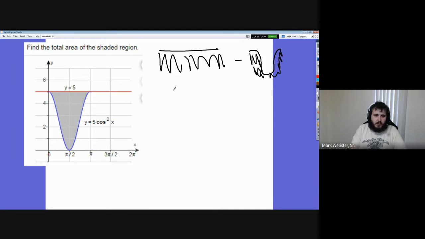Like this. So first of all, from 0 to pi, right? That's where these two meet. You've even got the picture here of this minus this. Because there's our bottom limit, there's our top limit of 5 minus 5 cosine squared of x dx. This whole thing dx.